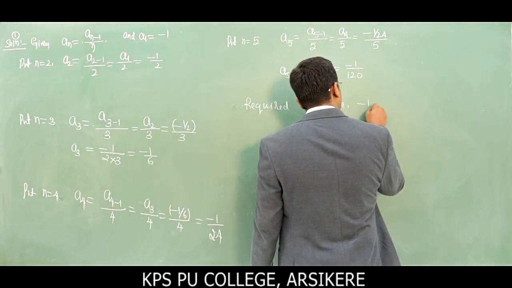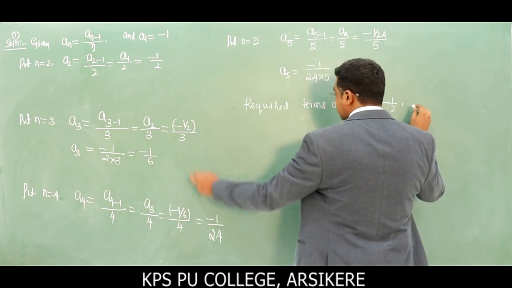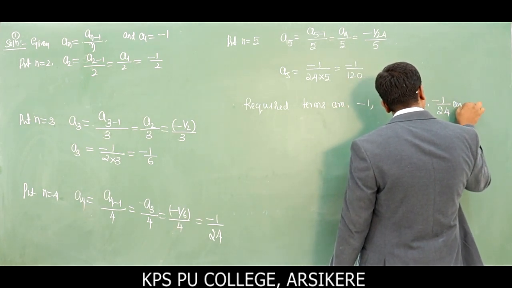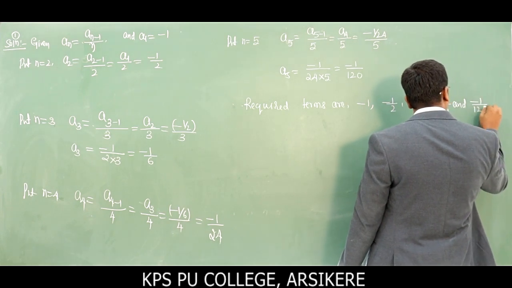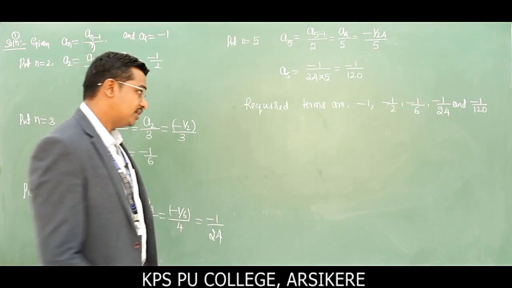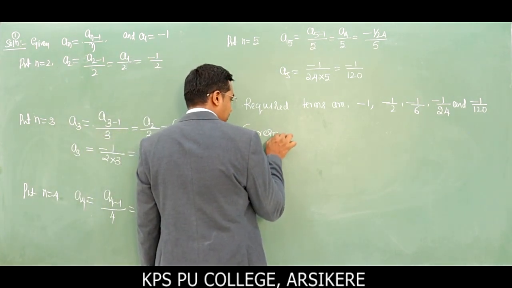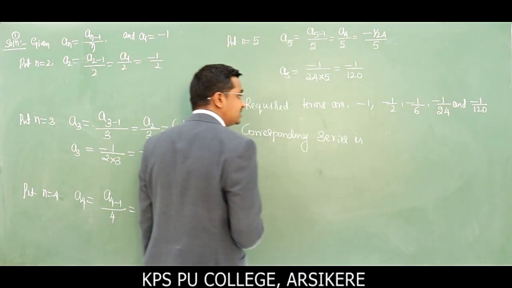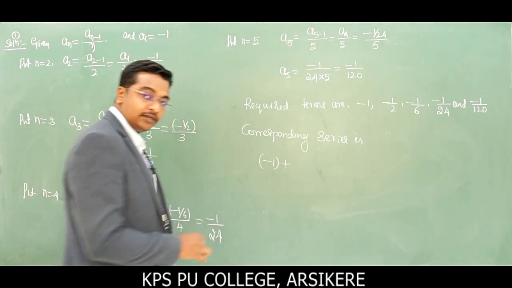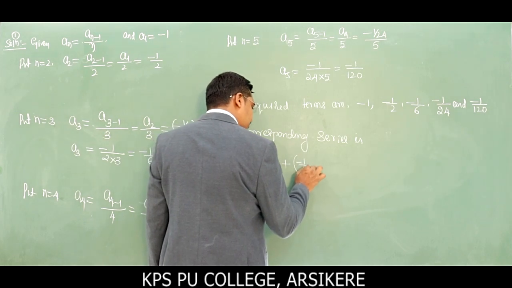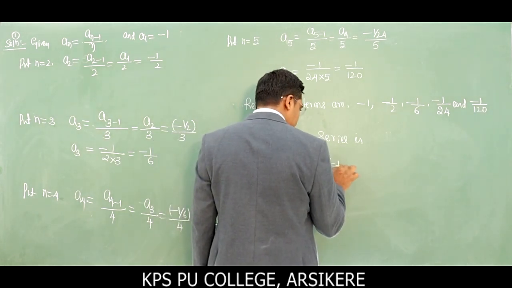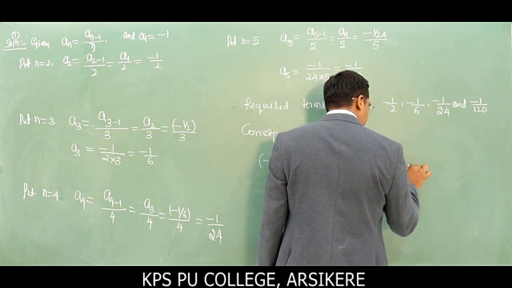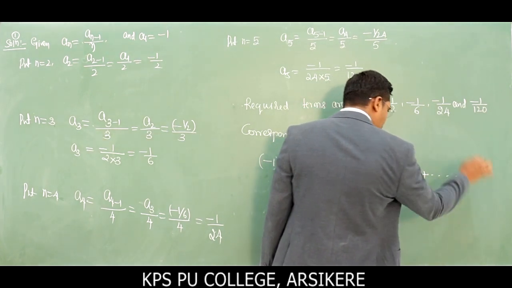The first term is minus 1, the second term is minus 1 divided by 2, the third term is minus 1 divided by 6, the fourth term is minus 1 divided by 24, and the last term, the fifth term, is minus 1 divided by 120. The corresponding series is, now tell me what is the series: minus 1 is the first term, plus minus 1 divided by 2, plus the third term minus 1 divided by 6, plus the fourth term minus 1 divided by 24, and the fifth term minus 1 divided by 120, followed by dots.